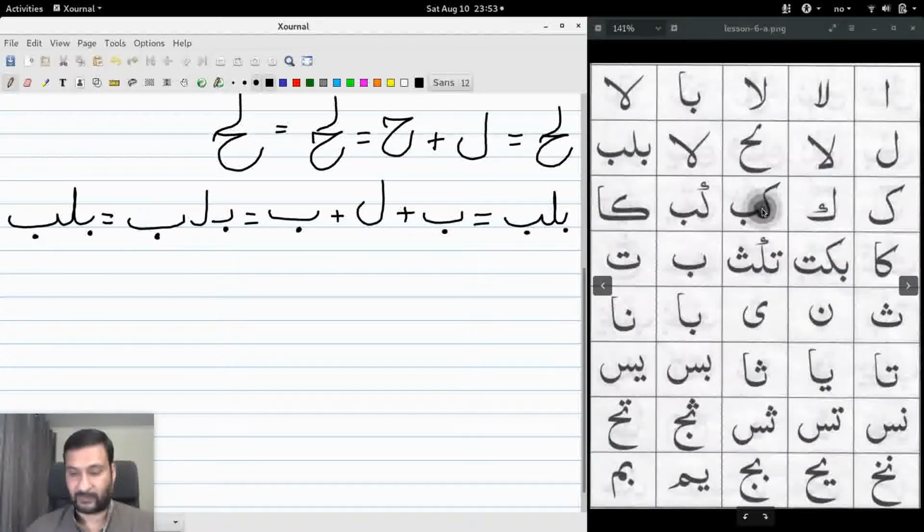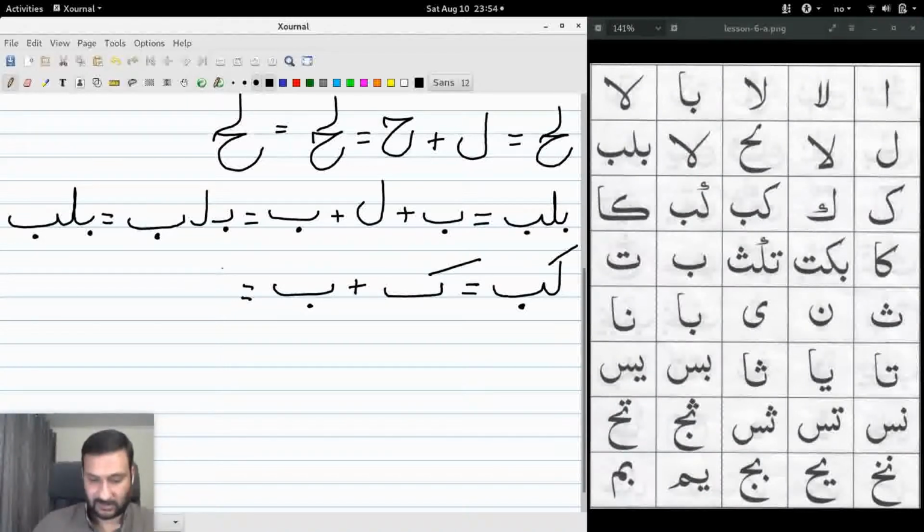This is kaf ba. First I write how exactly it's written. So forgive my shivering hand because it's a digital pen. It's a plastic nib, writing on plastic. So this is kaf ba, and it's made up of kaf plus ba.